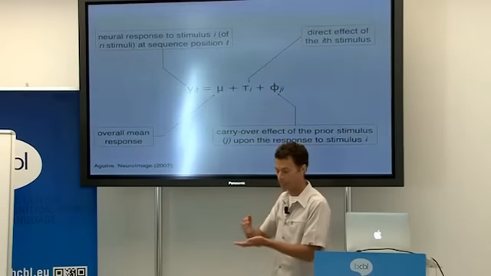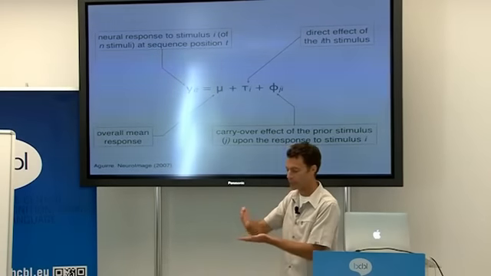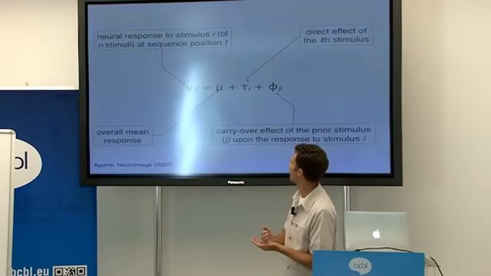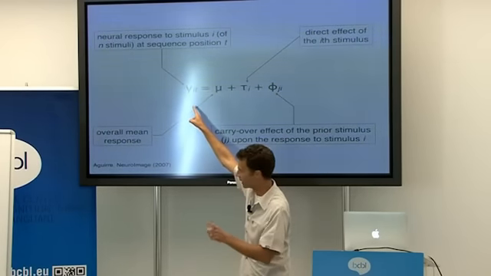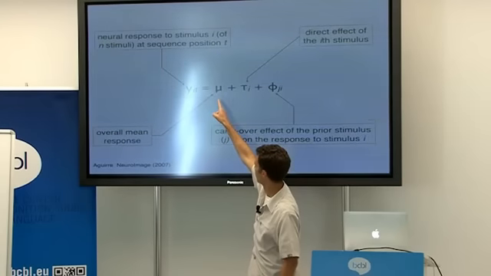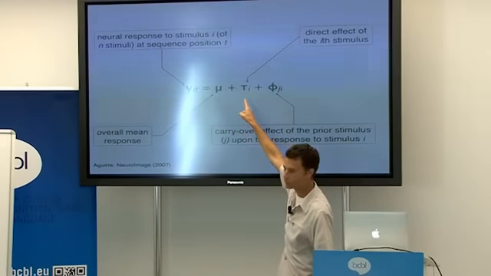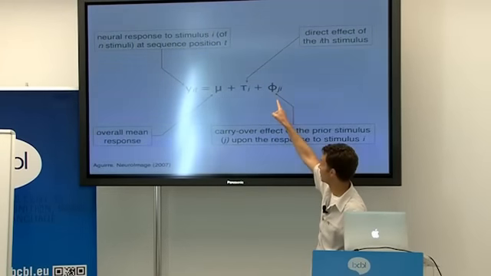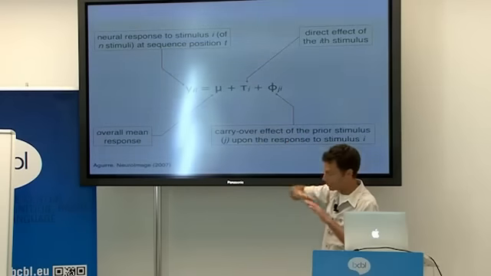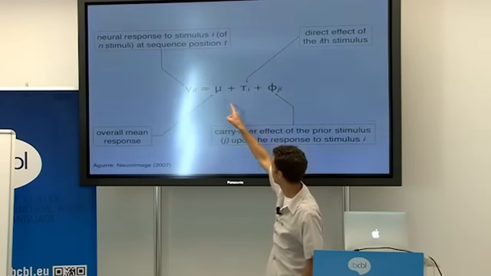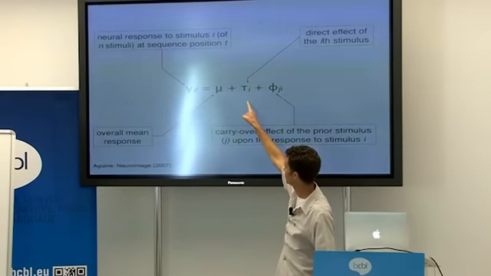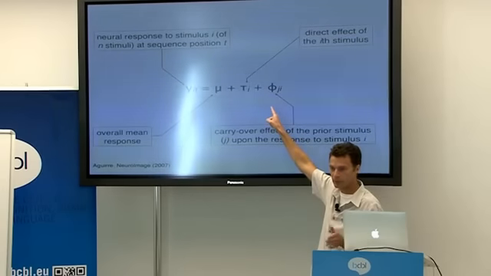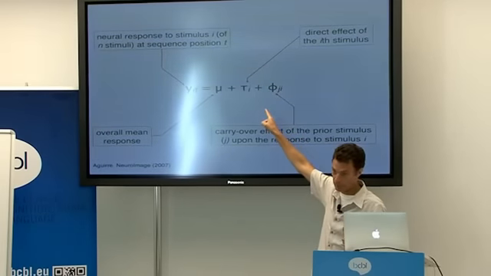So you can imagine if you had 3 different types of tobacco leaves, bad, medium, and good, your response to any one leaf is your mean response plus your response to good, medium, or bad, plus the influence of the prior leaf. That's all it says: there's your mean response, your response to the stimulus itself, and the modulatory effect or influence of the prior stimulus you saw, okay?